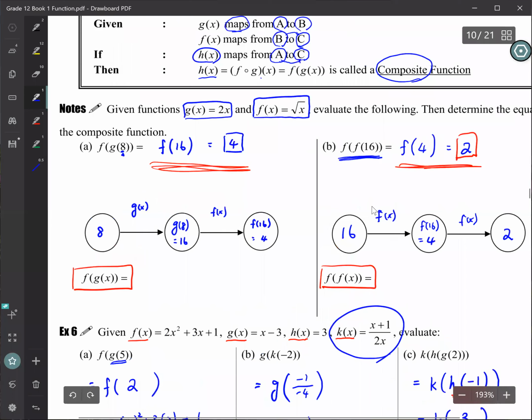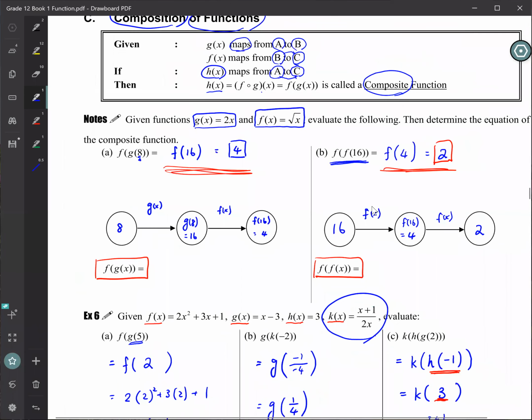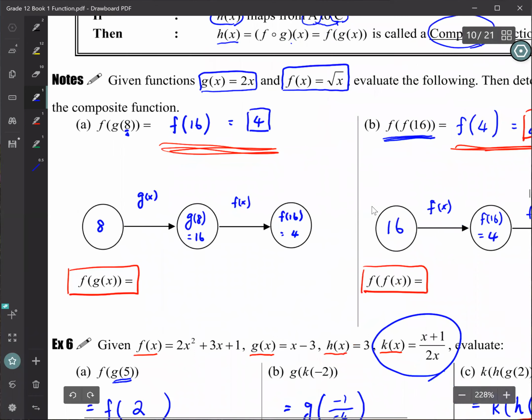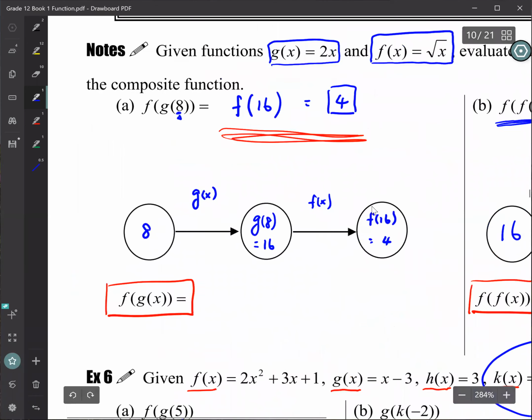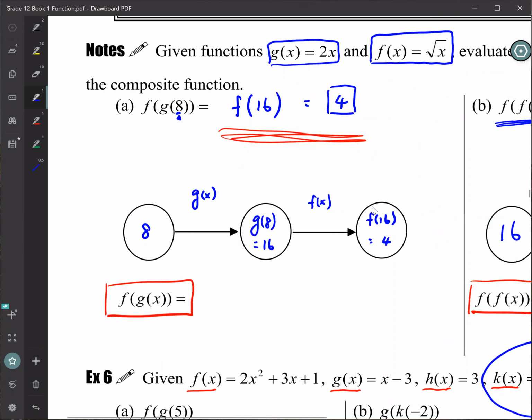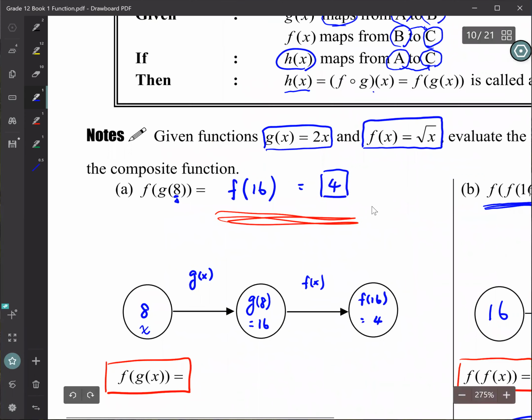Okay, so before the break, we just went over a question that has a number input. So this time we're going to do something a bit different. We're going to use X as the input. So instead of having a number inside, I will have X at the beginning, right? So remember that the X is like a box. So you can write it on the top here, okay?